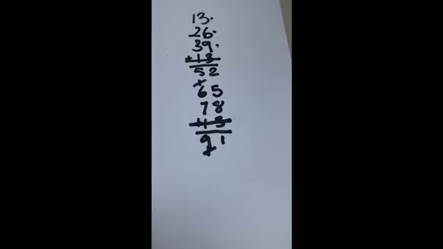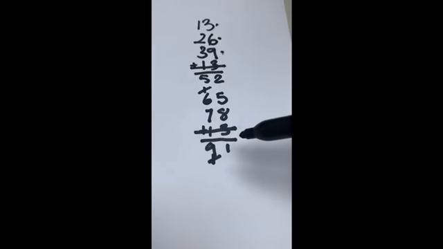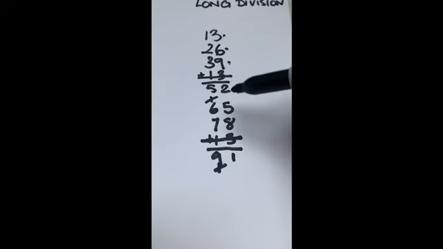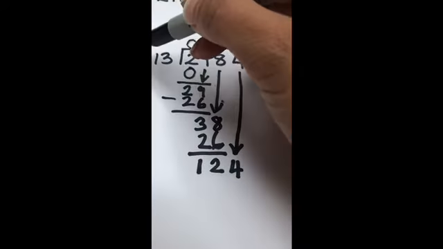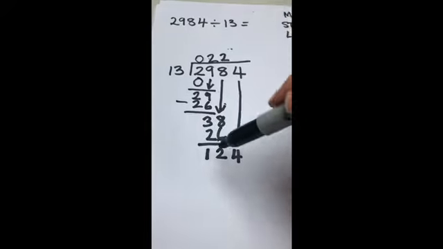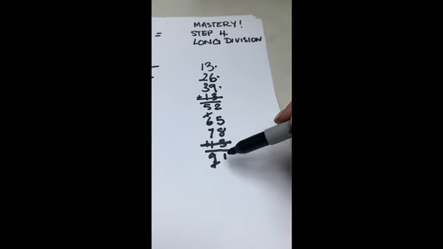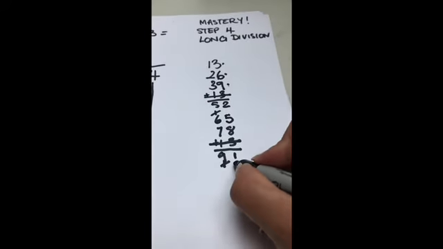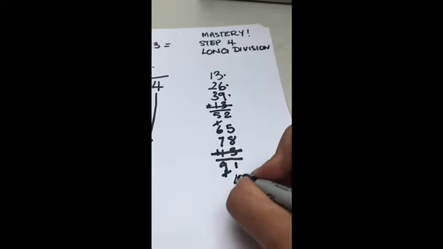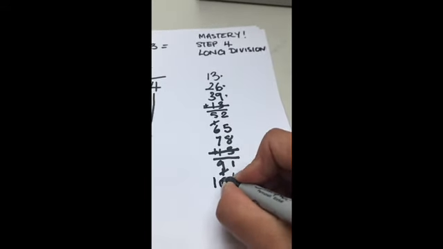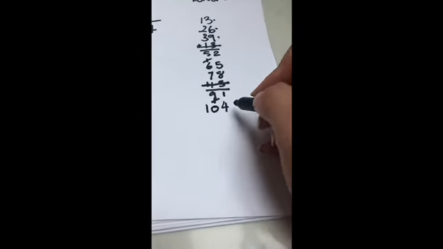Well, in my earlier videos, I said that I will write some of them out, and then if I require any more, I'll carry on. And this is the example where we need to find how many 13s fit into 124, but we've only gone up to 91. So we're going to continue to add 13. So 3 onto that goes 4, and 1 onto that becomes 10, so that's 104. So we're getting there.